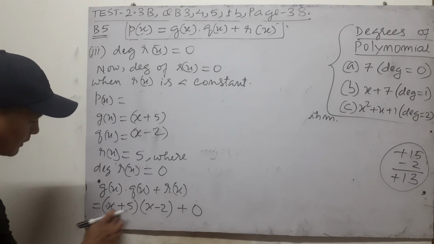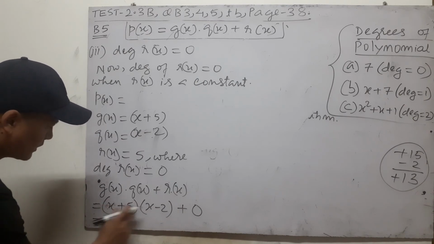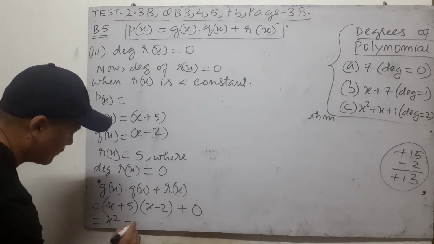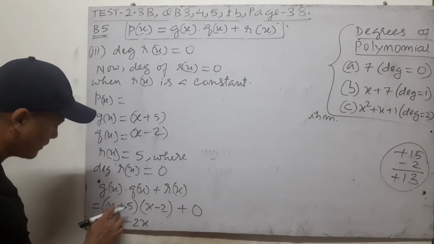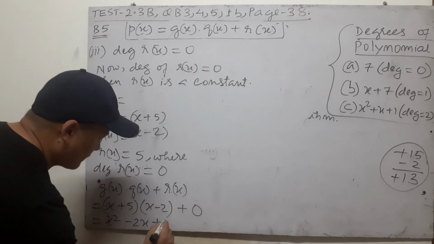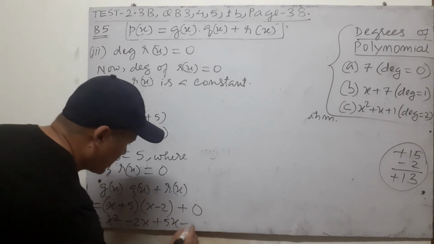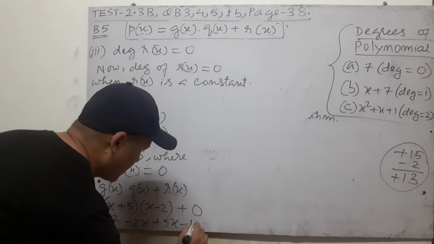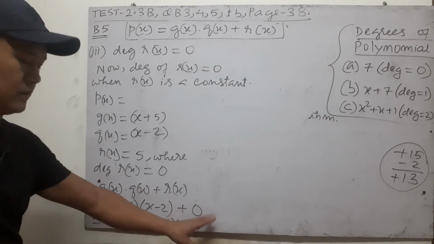So we can just multiply x into x squared, and minus x into 2 is minus 2x. Now 5 will multiply: 5 into x is 5x, and 5 into minus 2 is minus 10, plus 0 we can neglect.